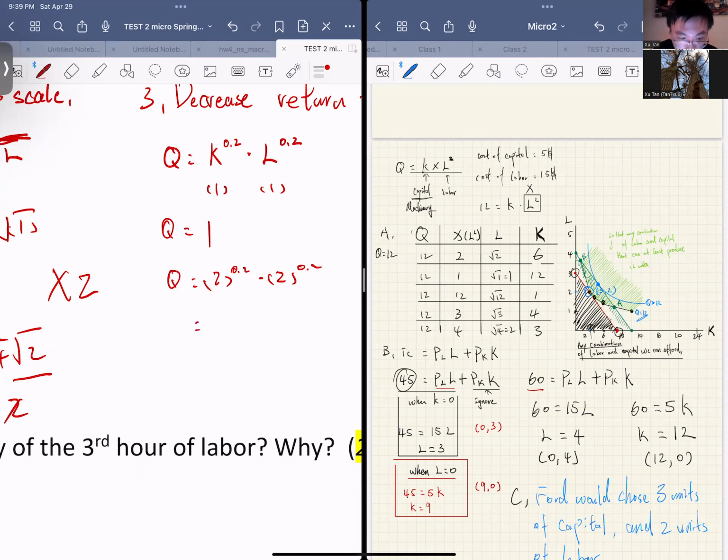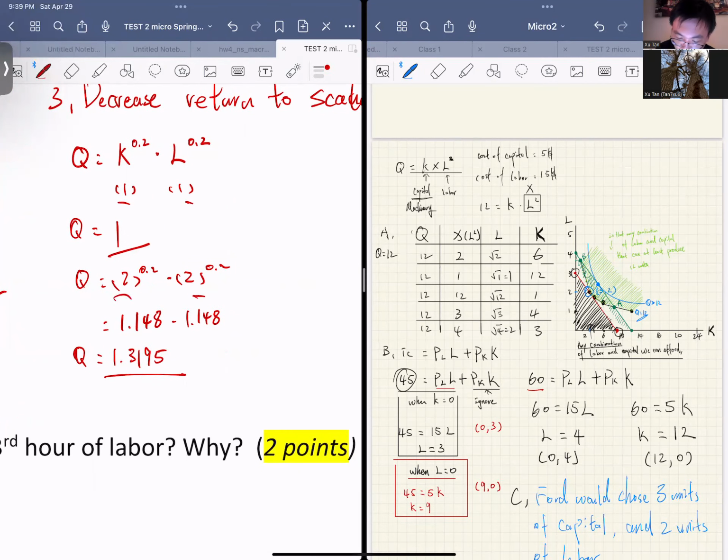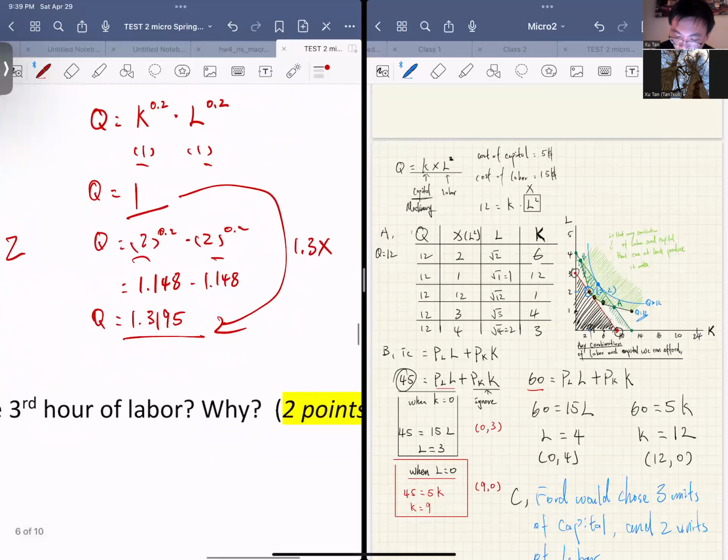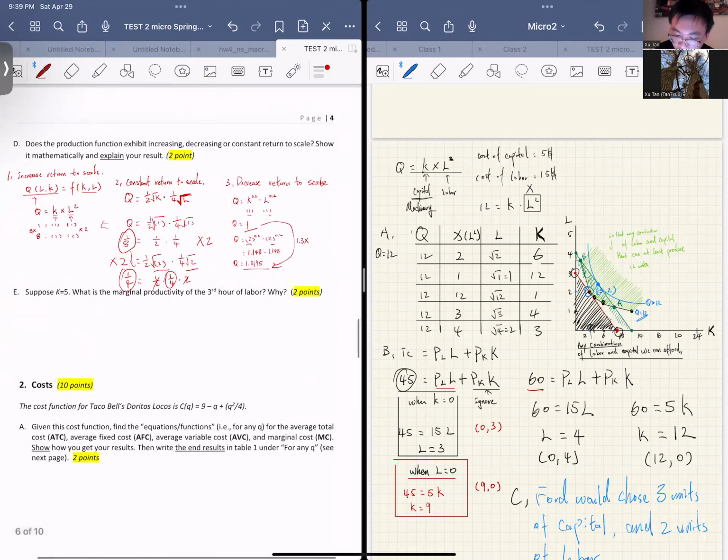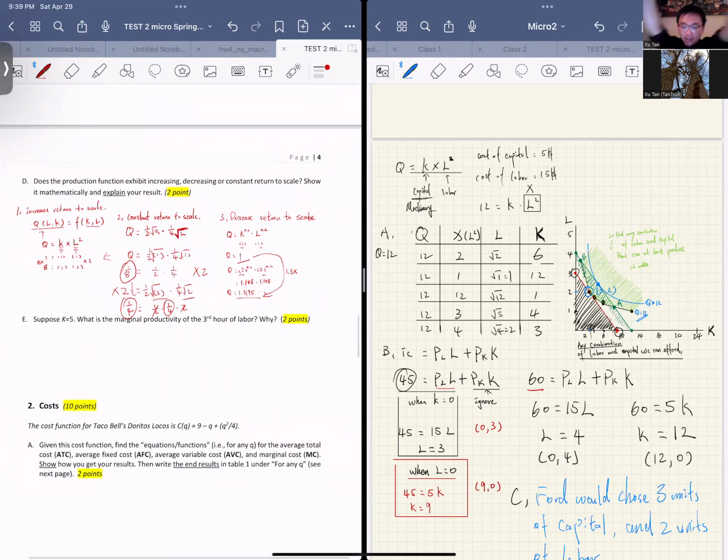You get 1.148 times 1.148. So Q equals 1.3195. We double our K and L, but our quantity only increased by 1.3, not 2. So this would be an example of decreasing returns to scale. And here's our three examples. We can still use the same method to test whether it's increasing, decreasing, or constant returns to scale.